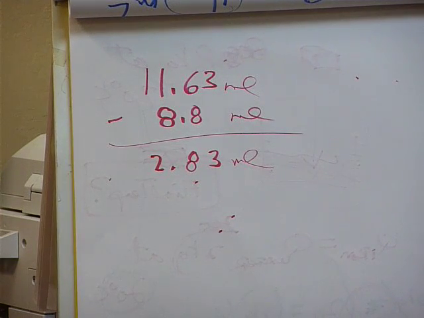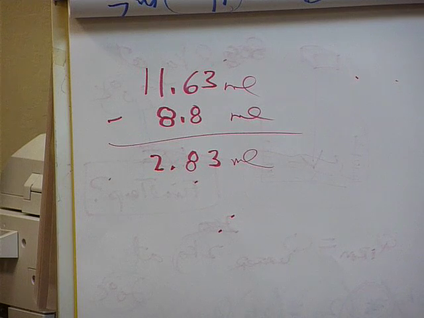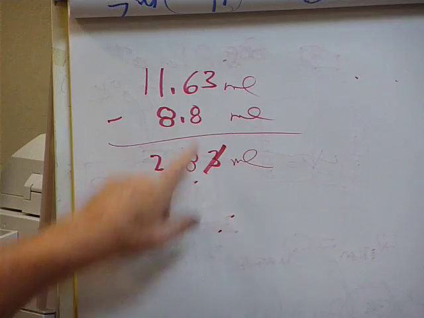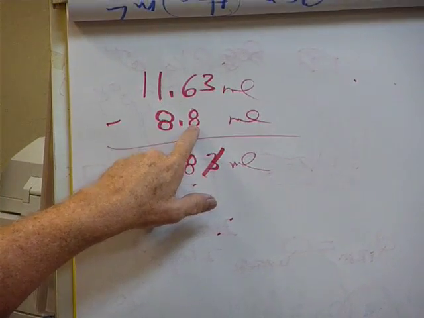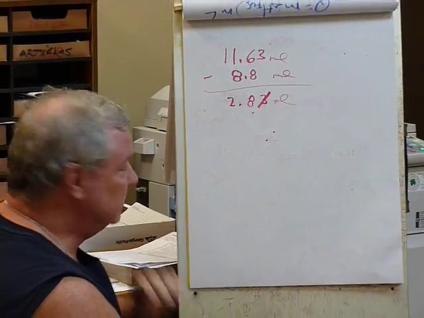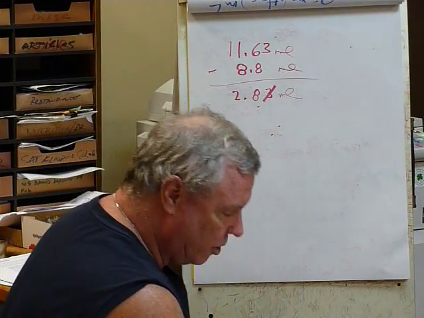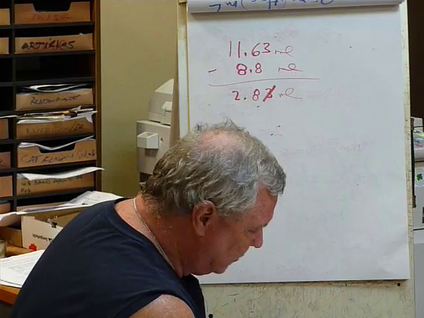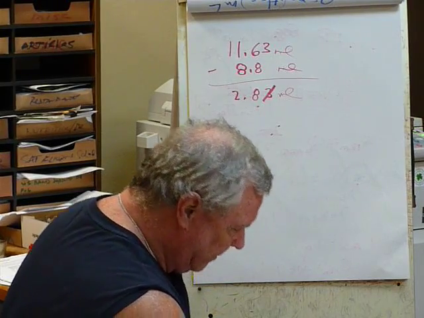Is that right? No. What's the right answer? 2.8. Only one digit after the decimal. Therefore, only one digit after the decimal. 2.8. Scott, that make sense? Good. John, you all right?